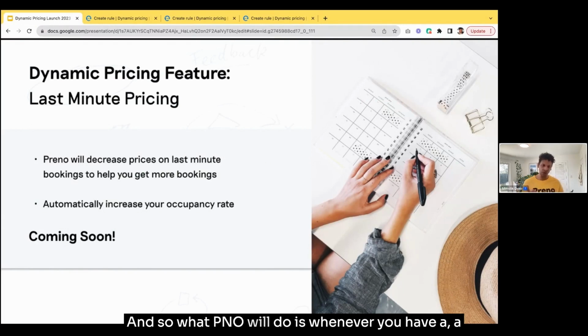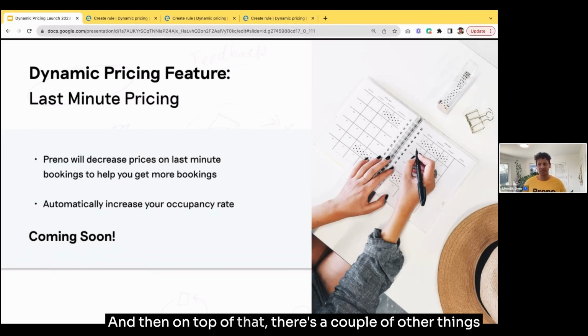So whenever you have a room or day where you've got low occupancy, Preno will start lowering the price of your rooms just a little, just to see if we can get you more bookings. Because sometimes, getting a 15% or 10% or $5 cheaper room, but at least you're getting an extra stay, is totally worth it. So it's kind of the reverse of our surge pricing.